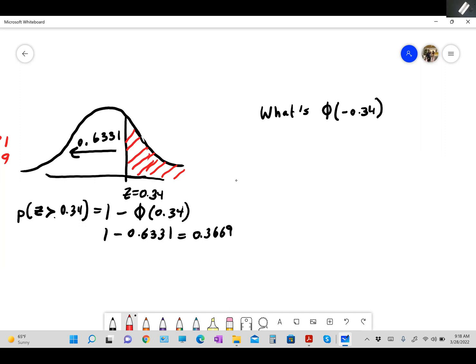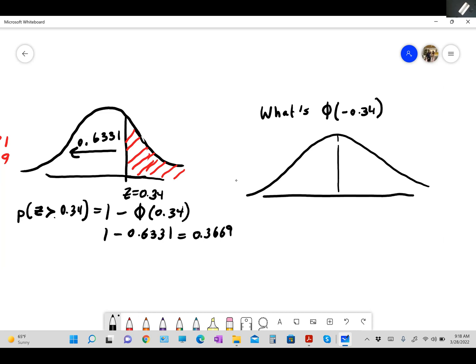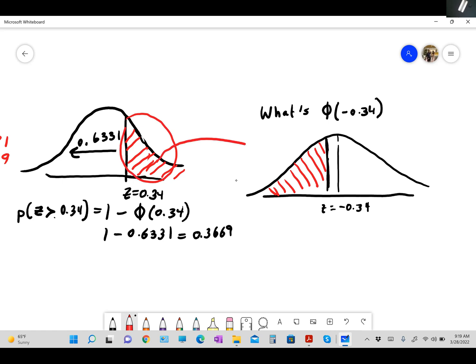So what's phi of negative 0.34? I draw the situation now. The middle here is 0, so negative 0.34 is like around there. And the phi of that is to the left there. Now, does the table give me that? It does not. But if you notice something, this here has to be equivalent to that by symmetry.